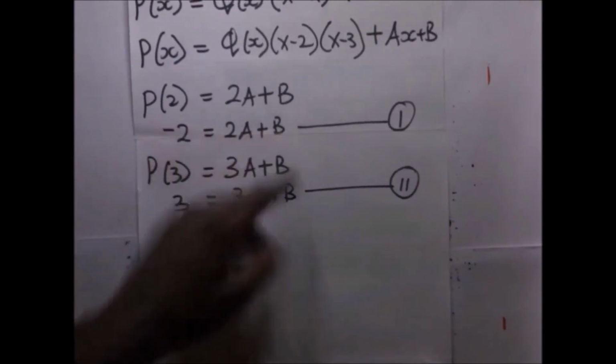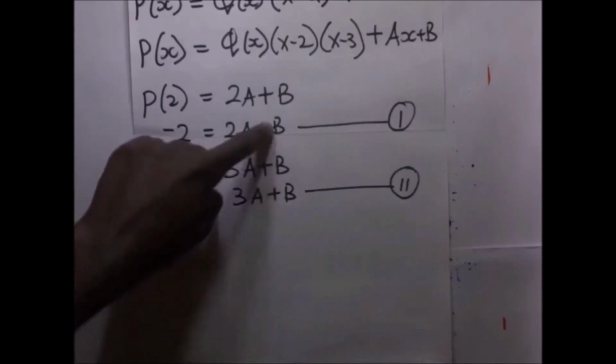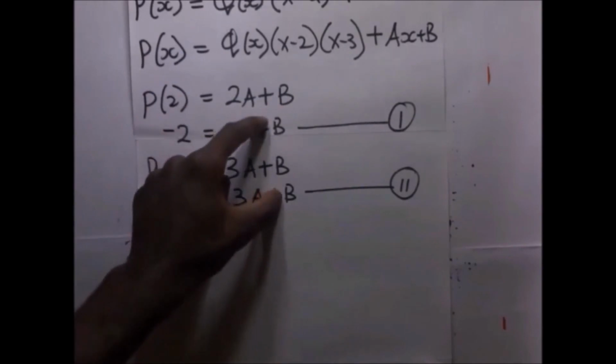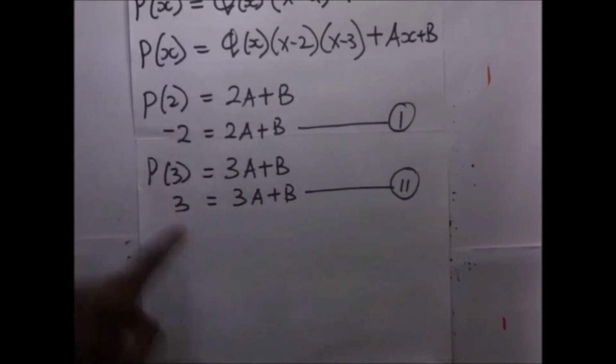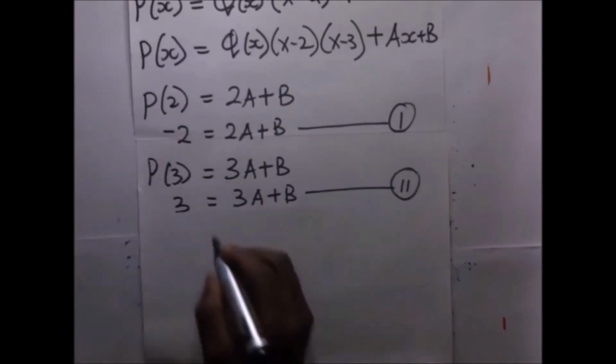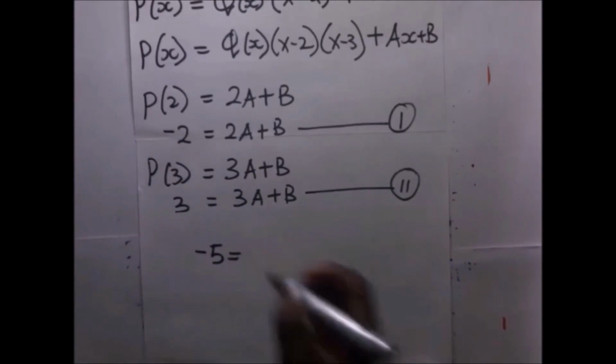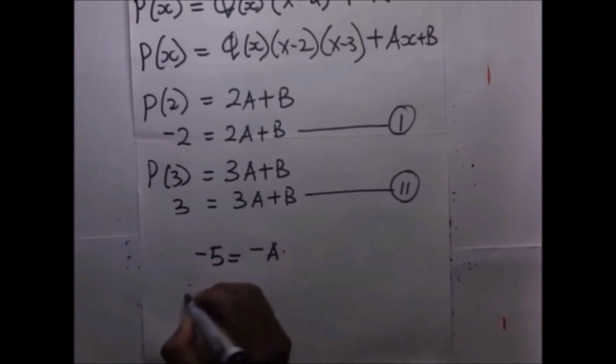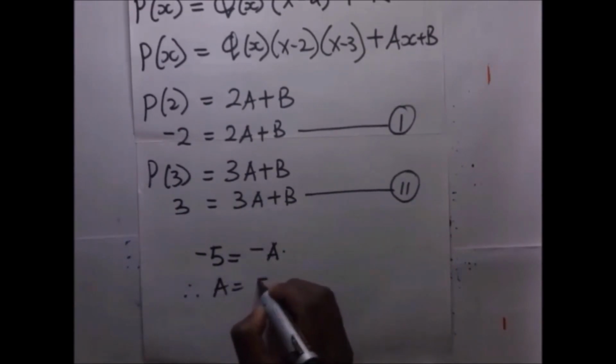What can we easily eliminate? We can easily eliminate b. So we simply subtract this equation from that equation to eliminate b. So -2 minus 3 is going to give us -5, and 2a minus 3a gives us minus a. So our value of a is going to be 5.